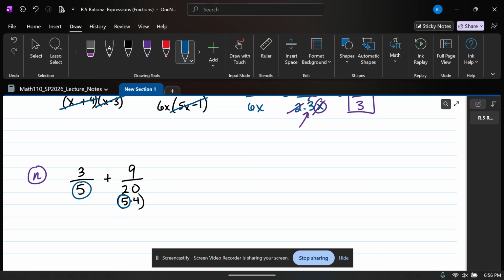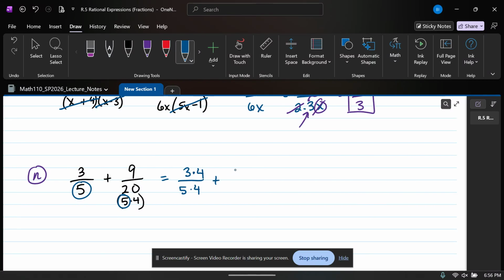The first fraction has the 5, but it doesn't have what? The 4. So the first fraction needs a 4. Since I multiply the bottom by 4, I've got to multiply the top by 4.